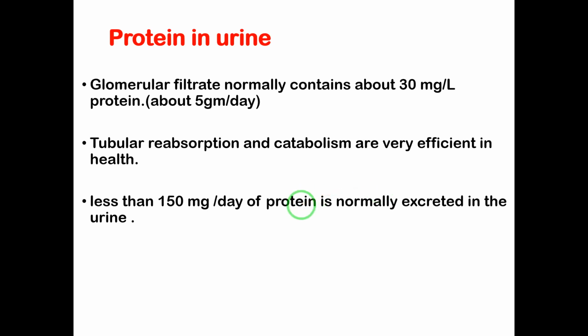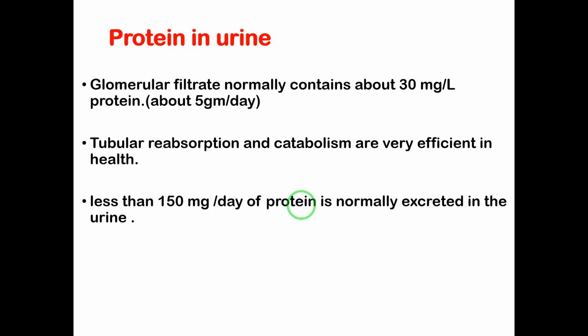The protein that appears in the urine, the majority arises from the blood through the glomerular filtrate. About 30 milligram per liter passes through the glomerular filtrate into the urinary tract, and this will total about 5 gram per day.